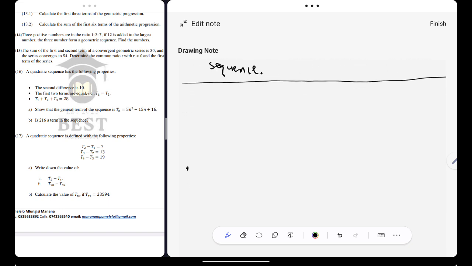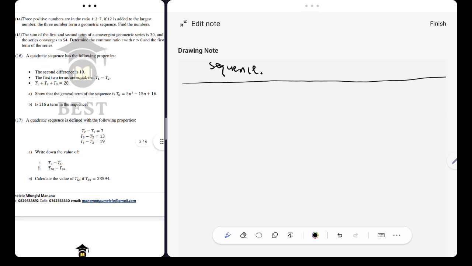Now the sequence is not given to us. I believe it's easy whenever a sequence is given to us. I think we must deal more with situations whereby a sequence is being described to us. Here we have a situation whereby a quadratic sequence has the following properties. The second difference is 10.